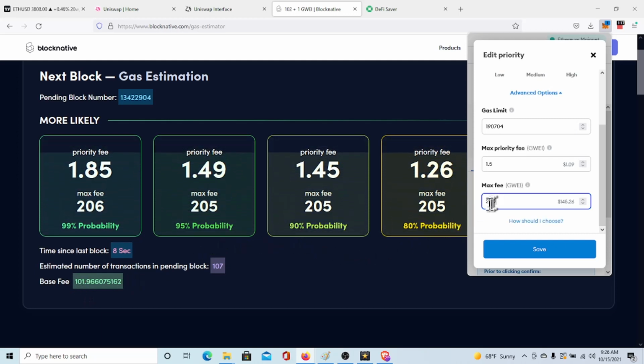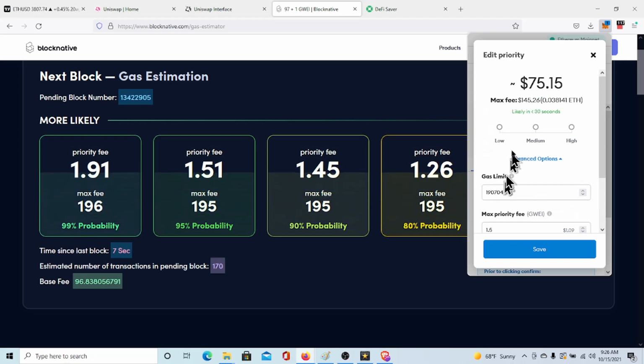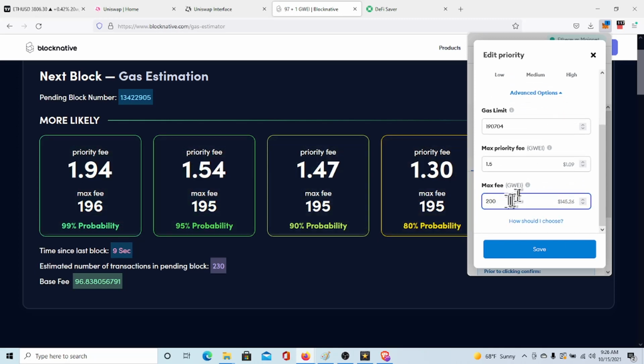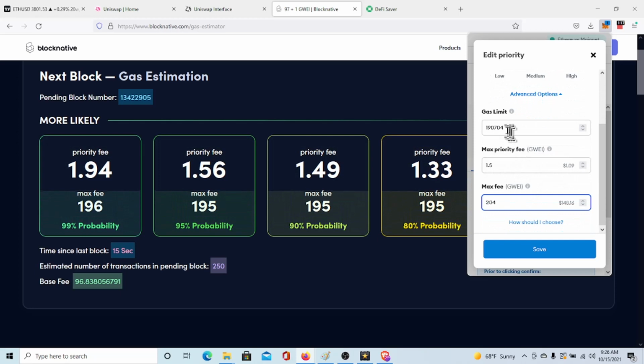Now, just also a refresher or a heads up there too, gwei means a billionth of an ETH. So you could calculate this number by calculating 200 divided by a billion times the gas, and you're going to get the amount of ETH you're going to pay, and to get the amount of dollars you're going to pay, multiply that number by the price of ETH.